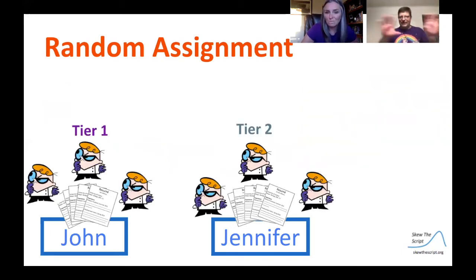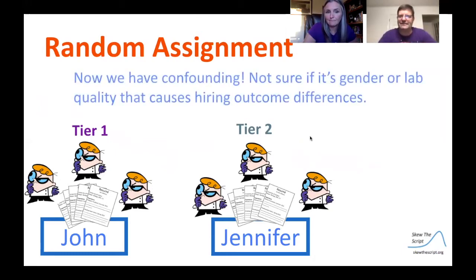There are different levels of labs, so that's messing things up. This is what's called confounding, because now we don't know if it's a bias within the labs themselves, or if it's the gender. So we've got to randomly assign from both to try to get rid of whether it is the lab or the gender.